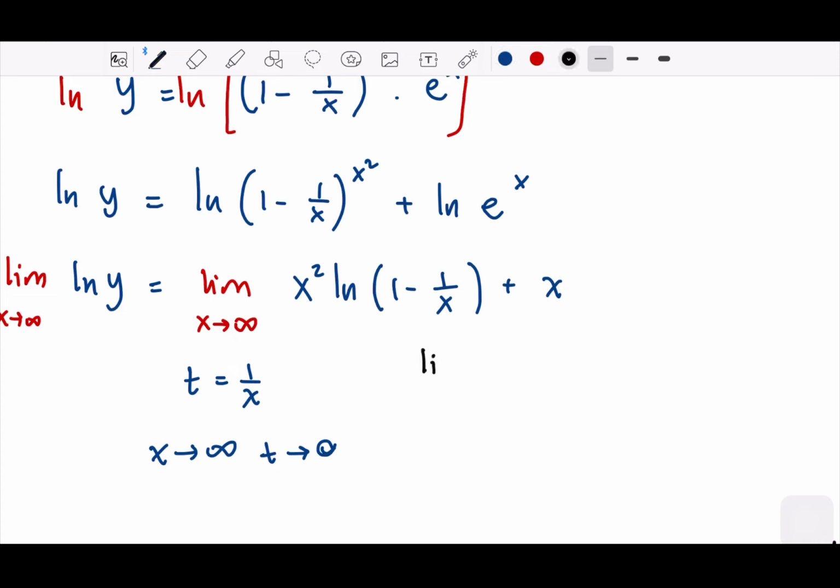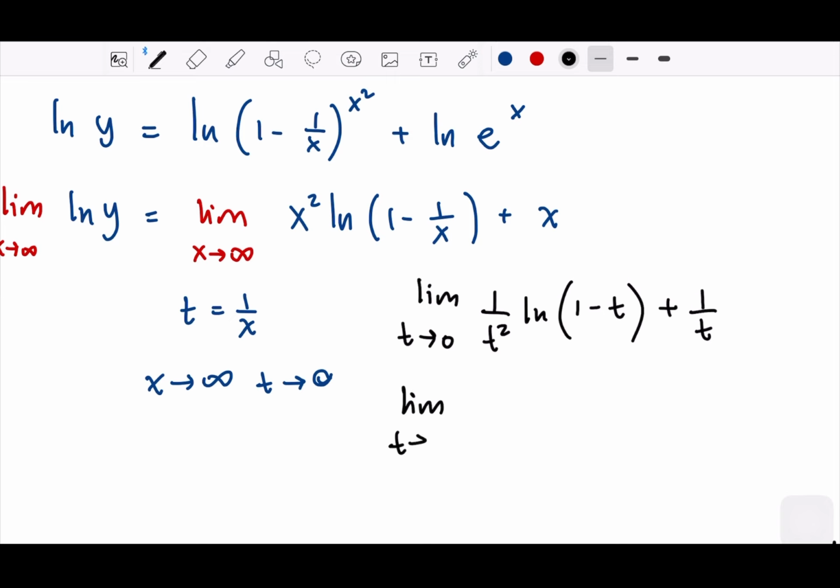So change all with t. 1 over t squared ln of 1 minus t, and then plus 1 over t, and then plus t, right?